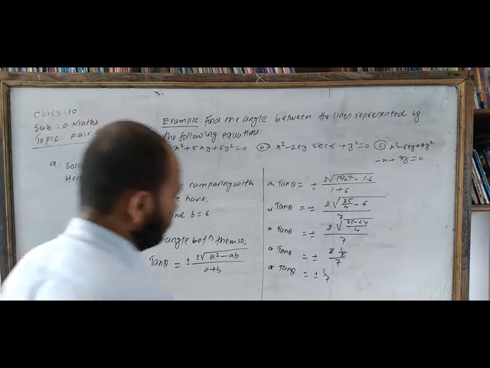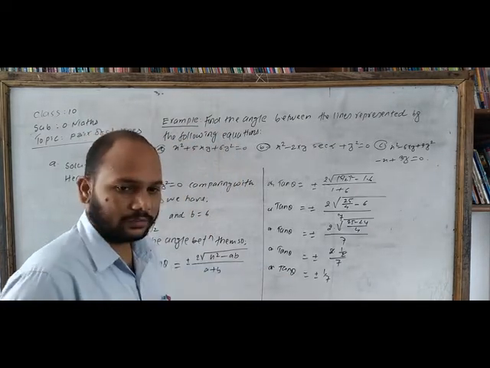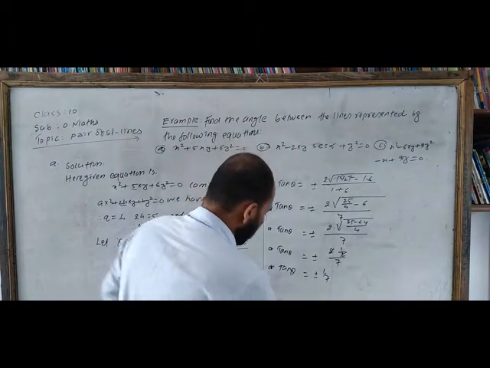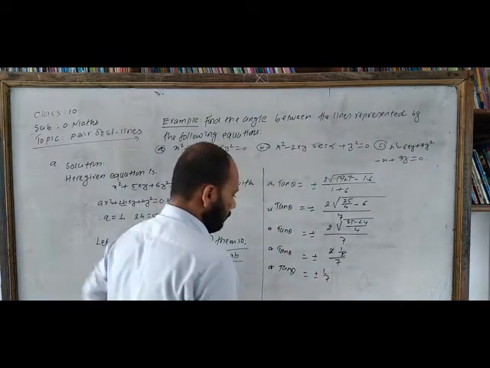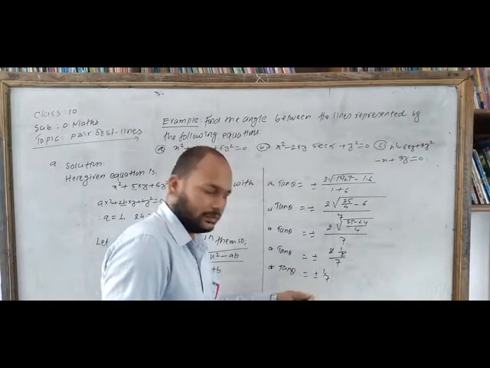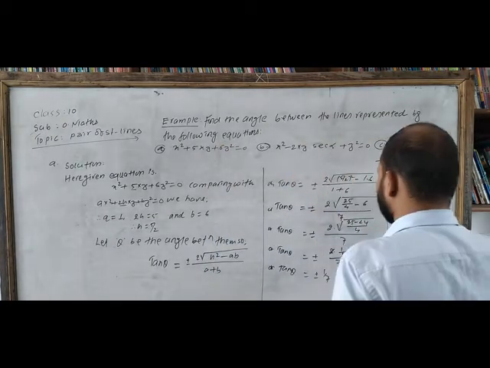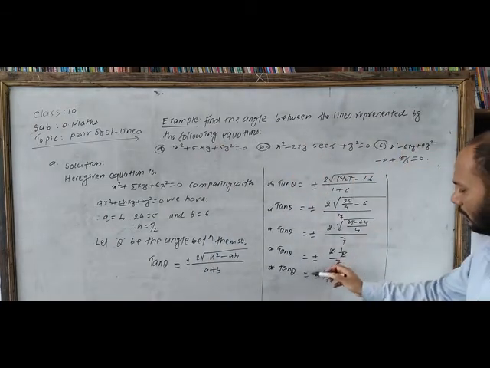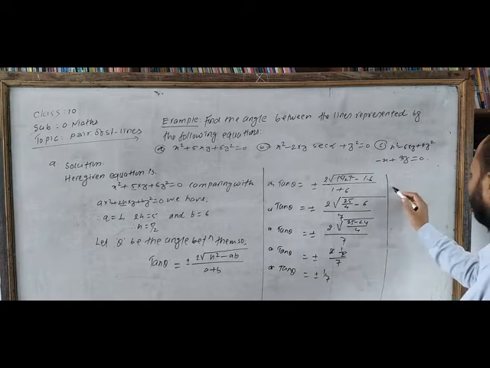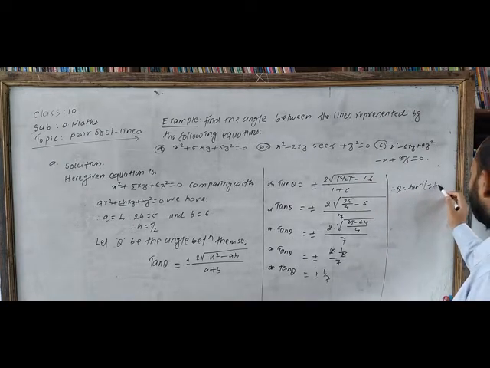From here you have to complete, and we have both signs, positive and negative. Otherwise, in this form you can directly write theta is equal to tan inverse plus minus 1 by 7.